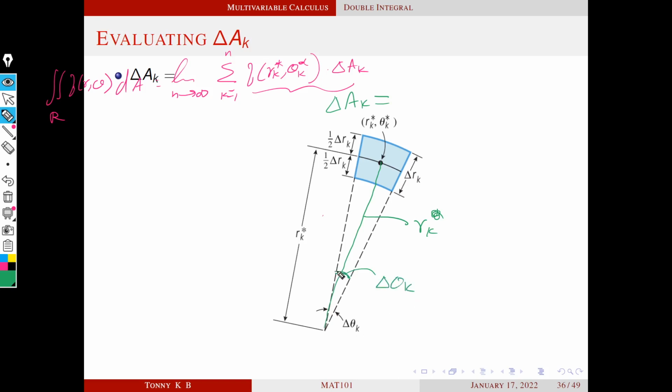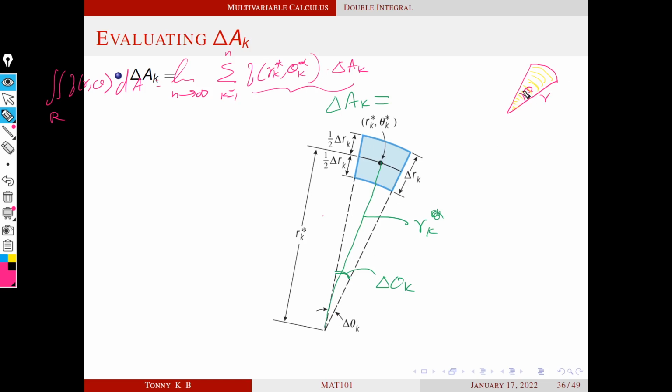Okay, it is clear that the area of the small polar rectangle is the area of this big sector minus the area of this small sector. Then how to find the area of a sector like this?